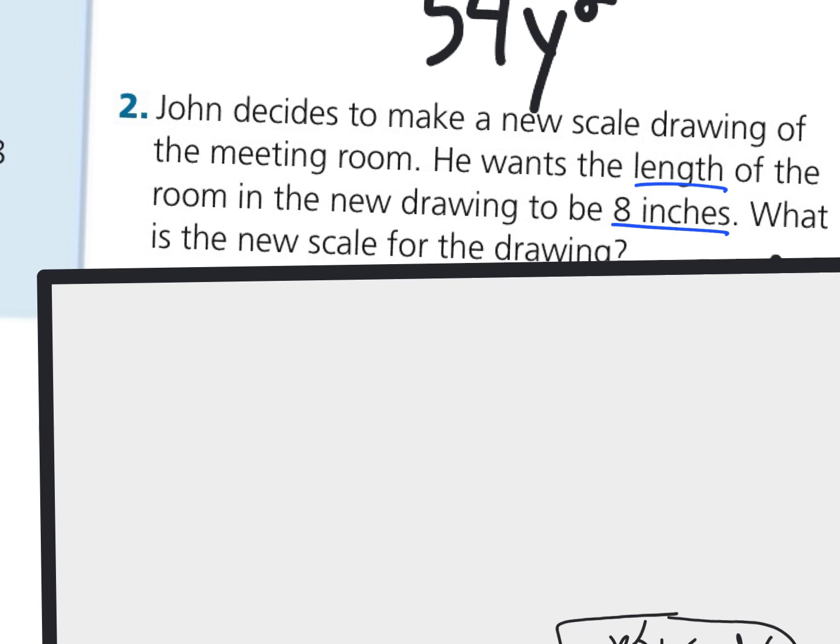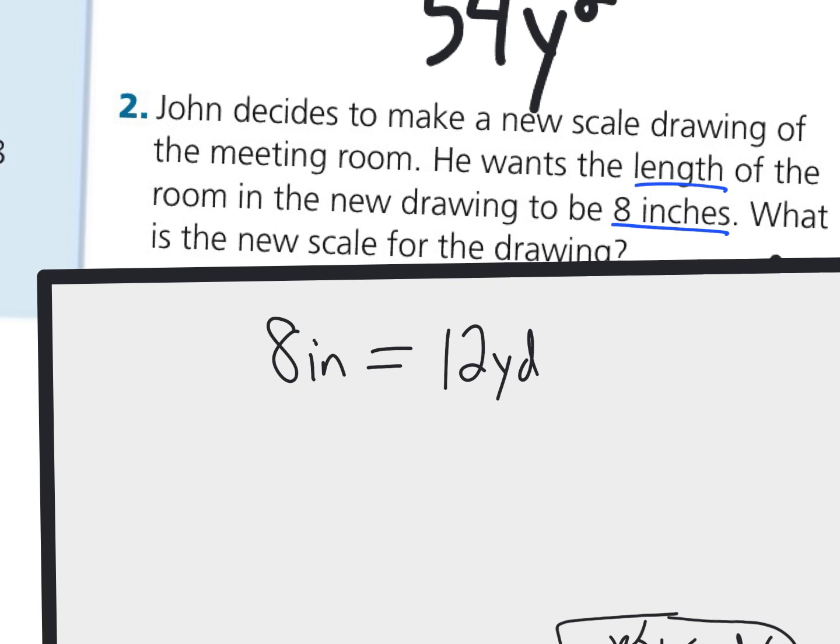So different ways we could do this, but basically for our scale here, we have 8 inches that we want to be the length. The actual length we figured out on the first problem, the actual length was 12 yards. So we want 8 inches to be equal to 12 yards.